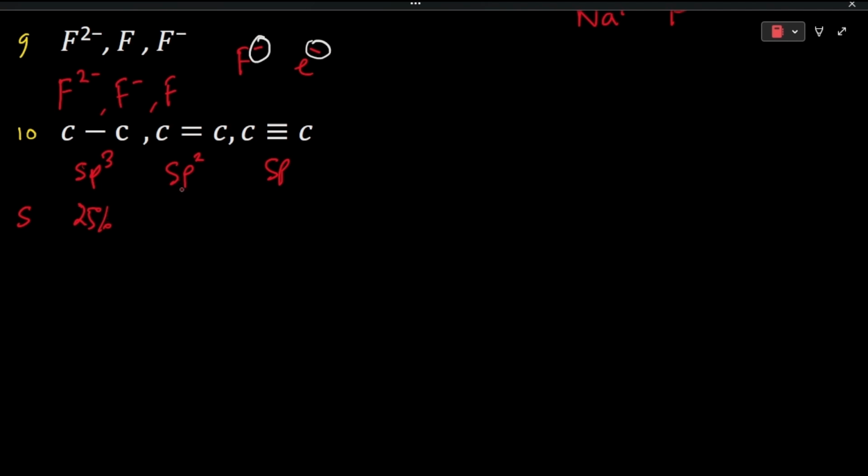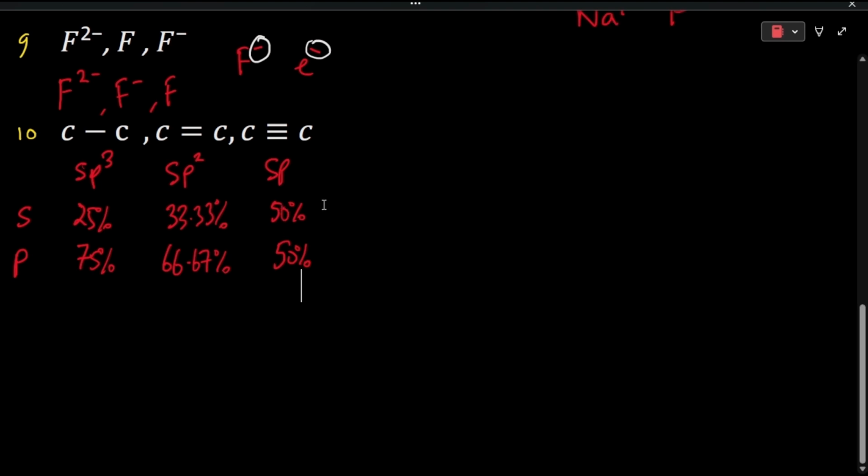In the sp2, the s orbital has a 33.33% character, and in the sp, this hybridized orbital has a 50% s character. The p character is 75% for the sp3, 66.67% for the sp2, and 50% for the sp hybridized orbital.